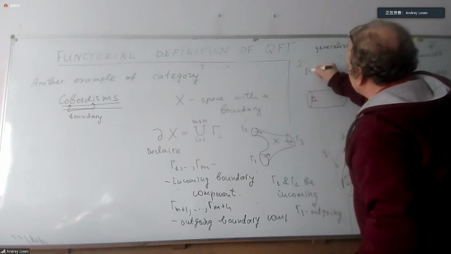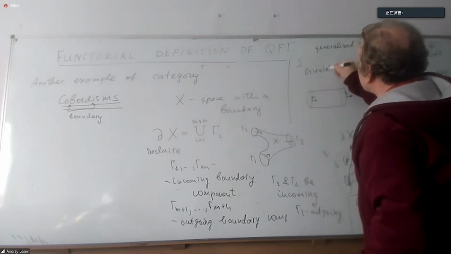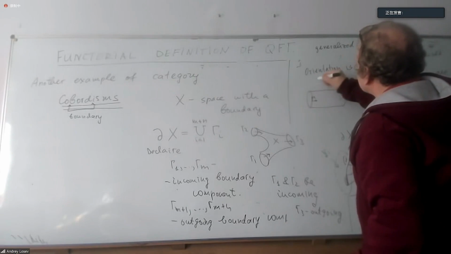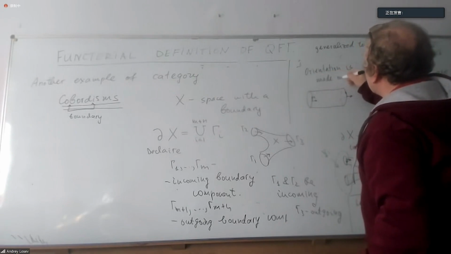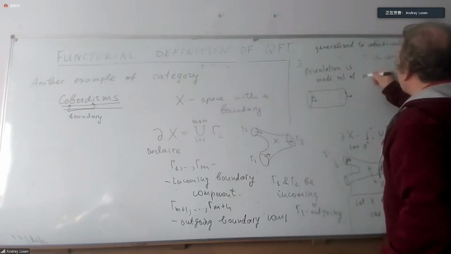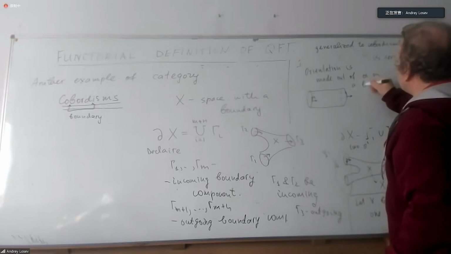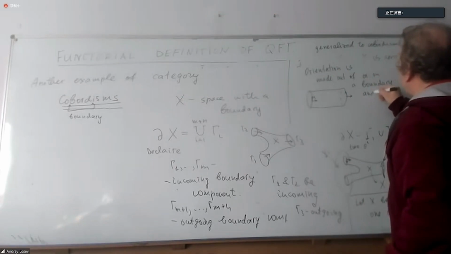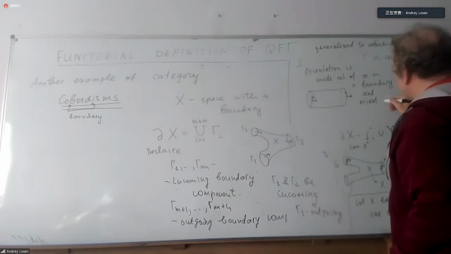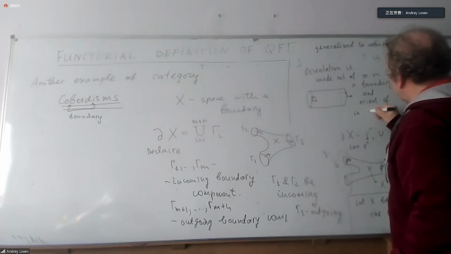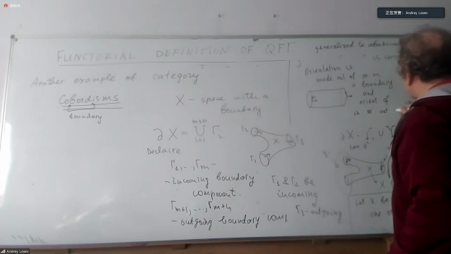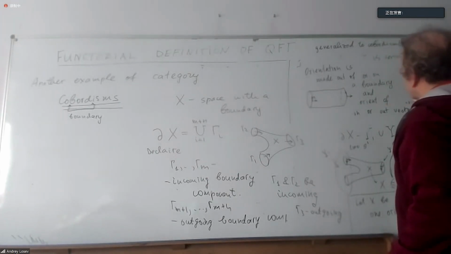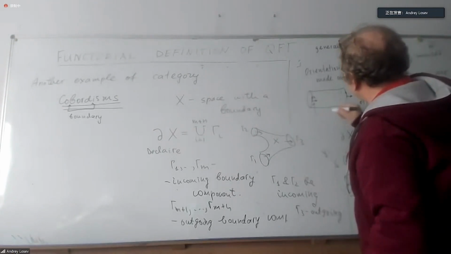So the orientation is made out of the orientation on a boundary and the orientation of the in or out vector.